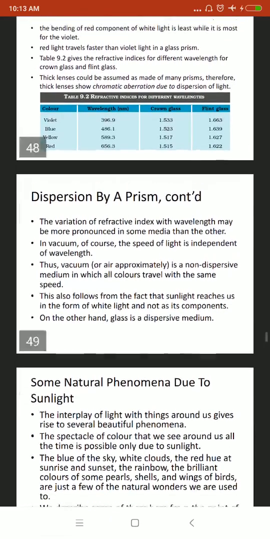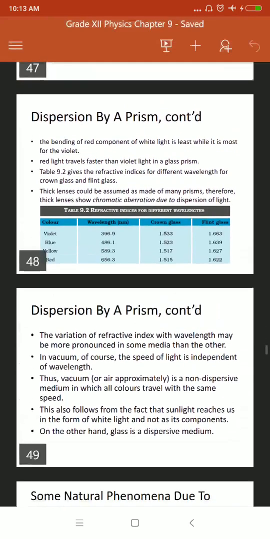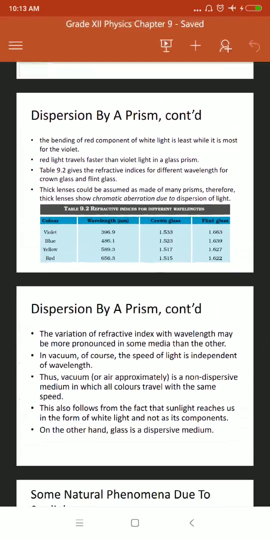So here, in dispersion by a prism, the variation of refractive index with wavelength is more pronounced in some media than in others. In vacuum, the speed of light is independent of the wavelength. In vacuum, no dispersion is available, and all colors travel at the same speed.